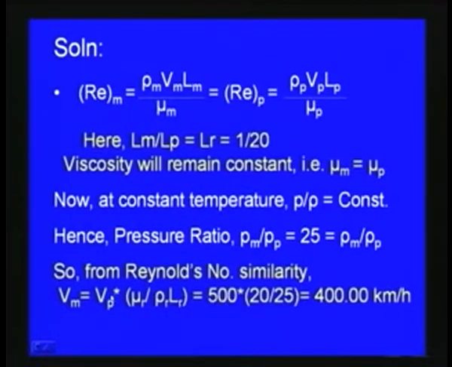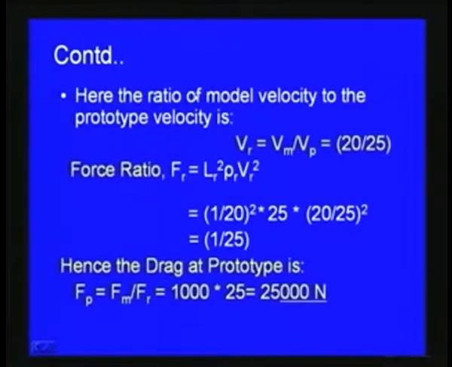Now Vp, the prototype velocity, is given as 500 km/h, and mu r is already constant, and rho r is 25, and Lr is 1/20. So, we can write 500 into 20/25. That gives 400 km/h.